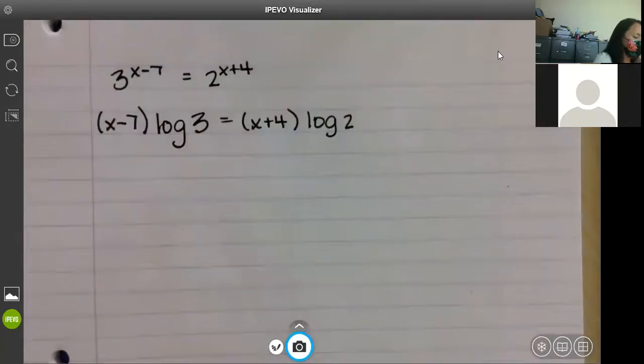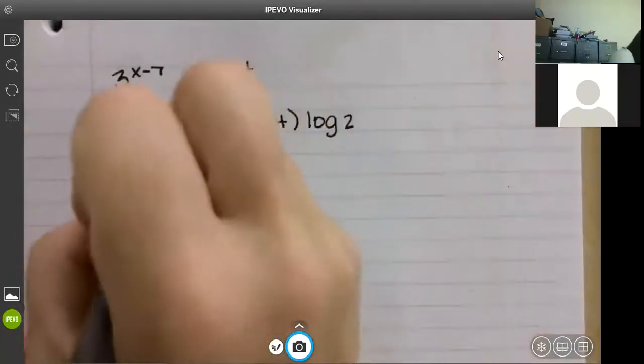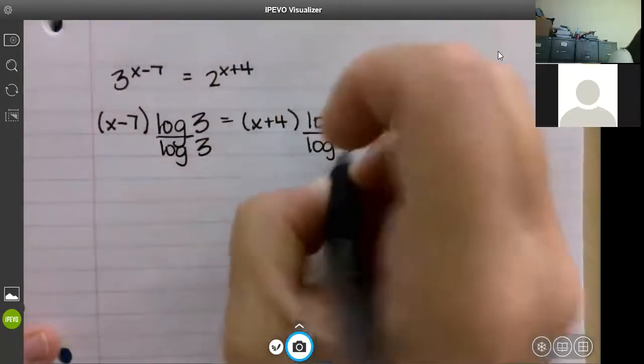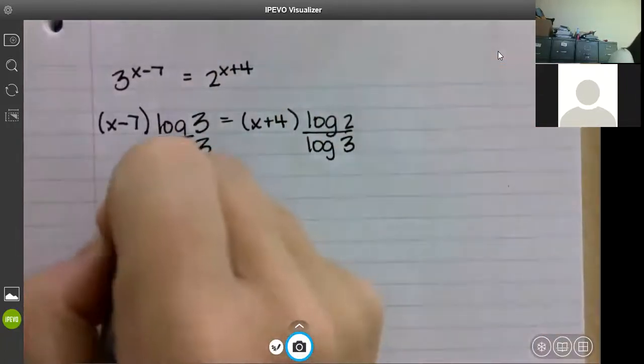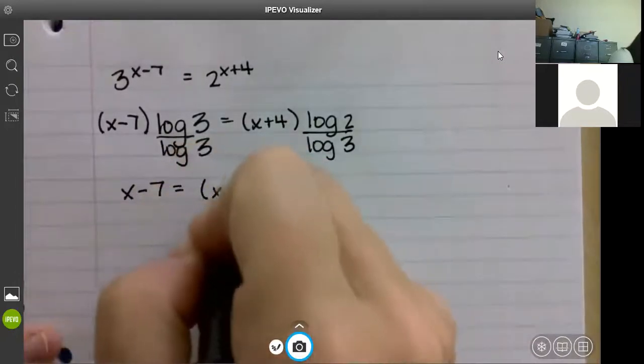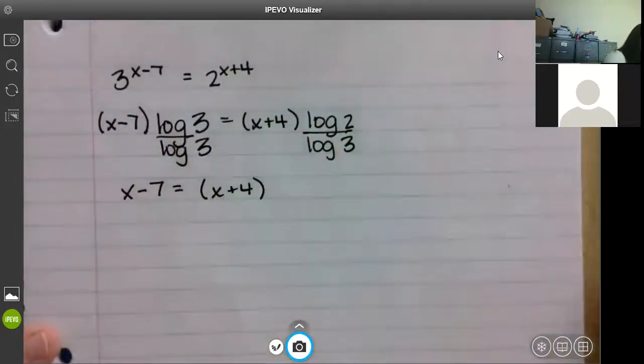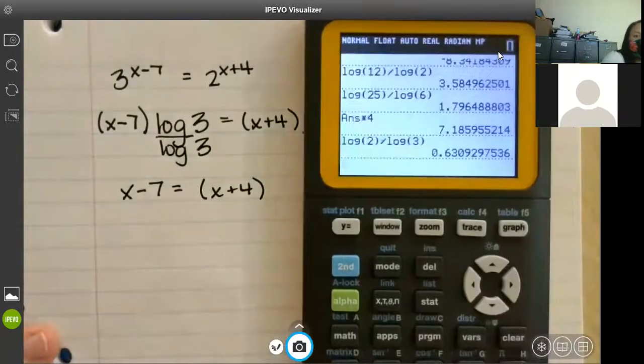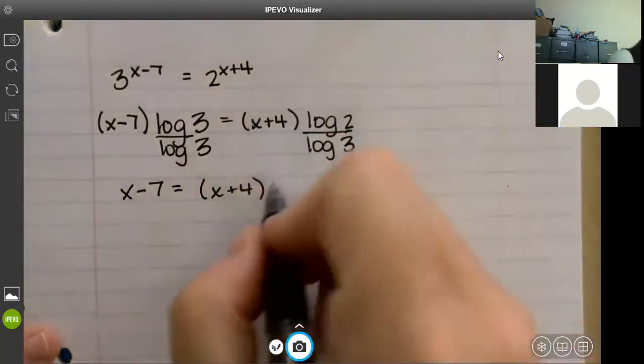Divide by the log 3. Okay. So on this side, I'm going to have x minus 7. On the other side, x plus 4 times log 2 over log 3 is 0.6309.